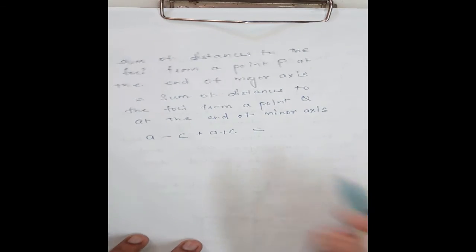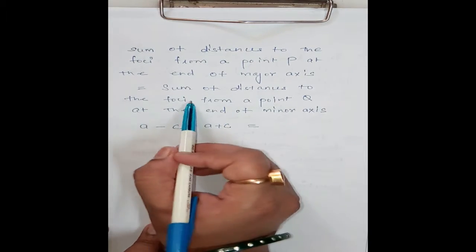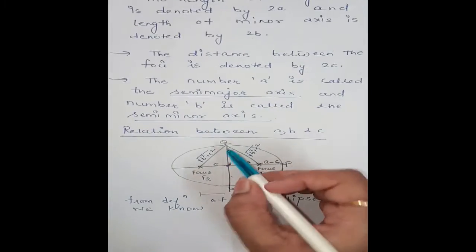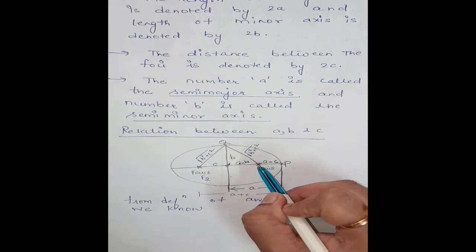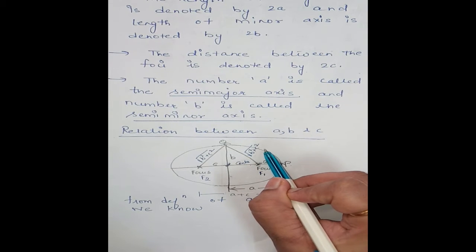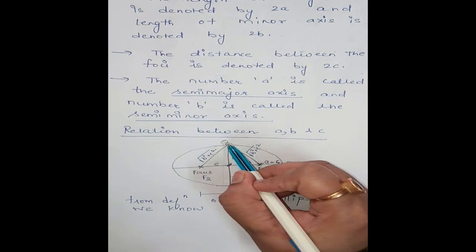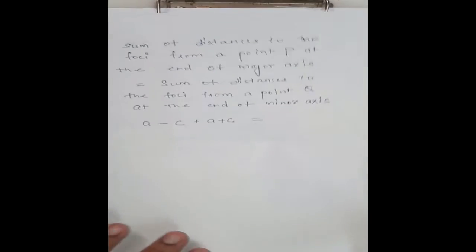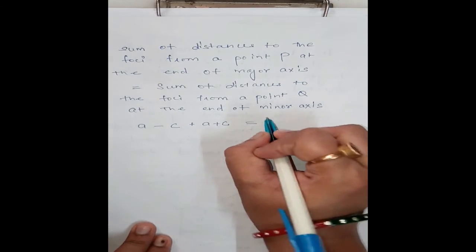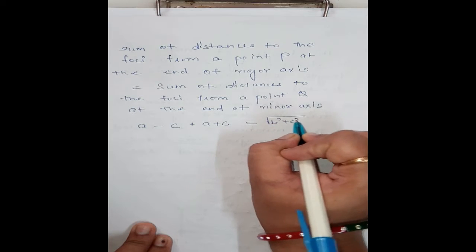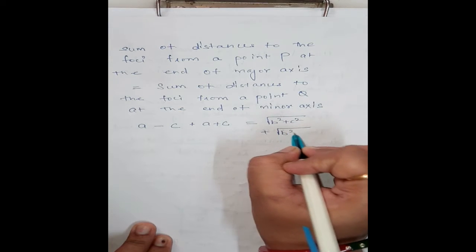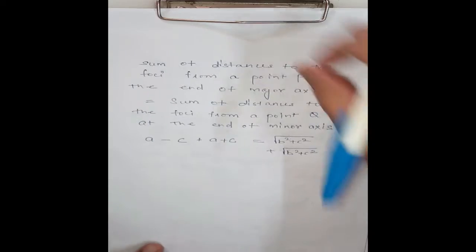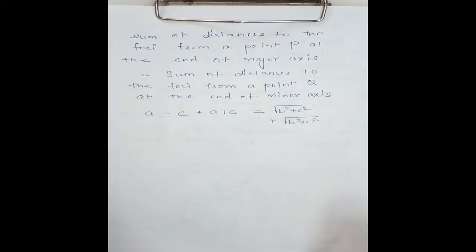Now, the sum of distances to the foci from point Q. QF1 is the square root of b square plus c square, and QF2 is also the square root of b square plus c square. This is by the definition of an ellipse.